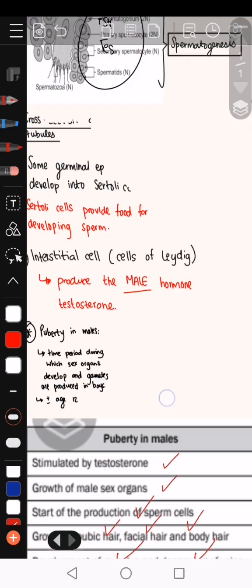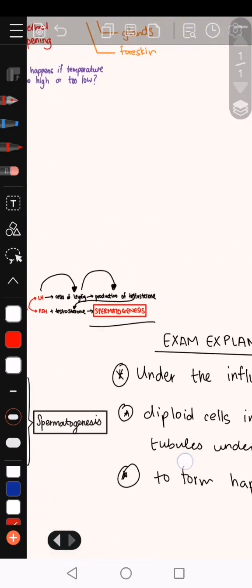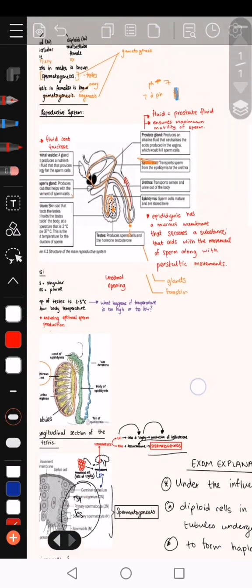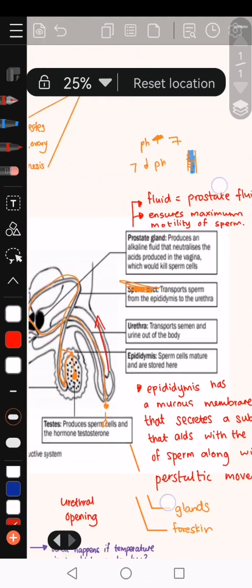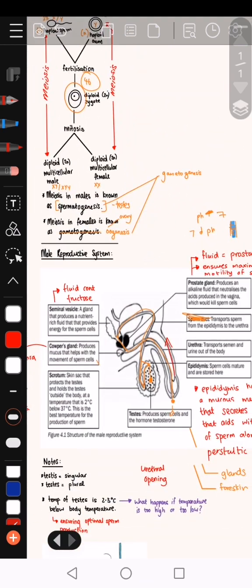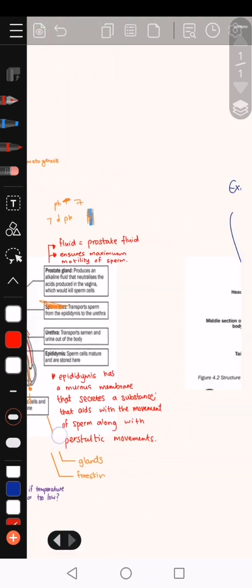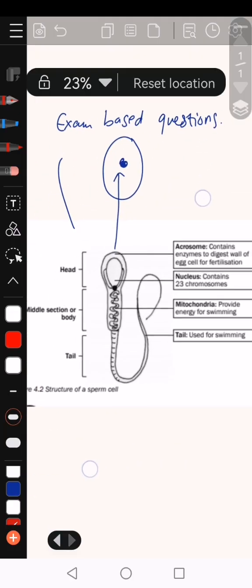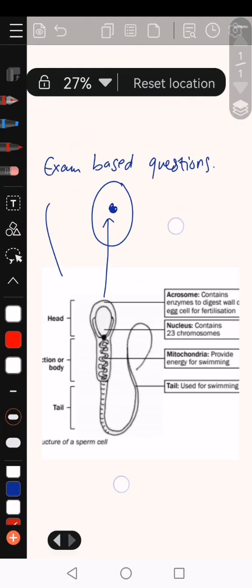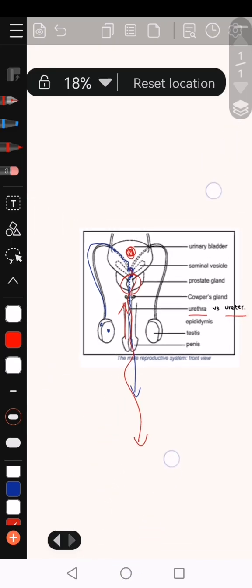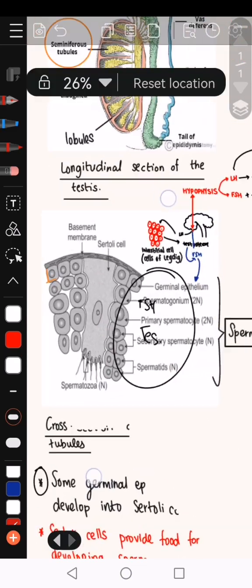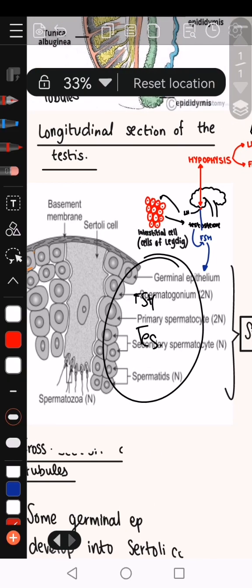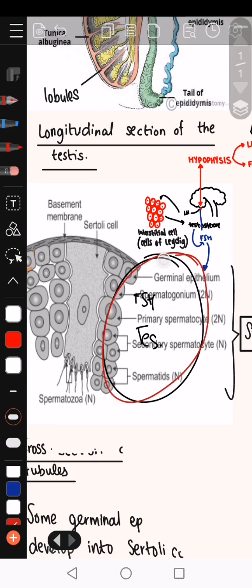So that is that. What I want you to remember here is your process of spermatogenesis, and then obviously you need to know all the functions that I explained here. Go back and reference the difference between spermatogenesis and oogenesis. Also, we're going to touch on that a little bit later, but know this drawing, know this diagram as well, what is happening, how it happens. Make sure you understand what is happening with this whole thing here, because we don't know what they ask at national levels anymore, right?